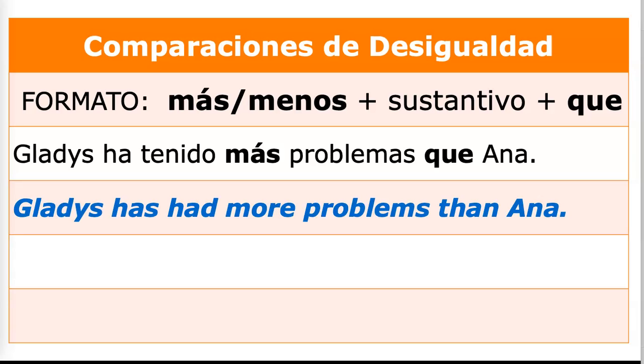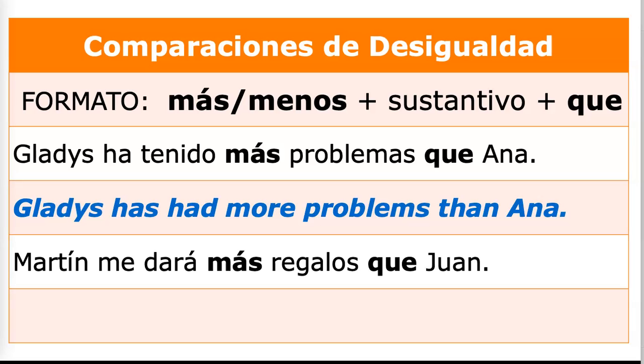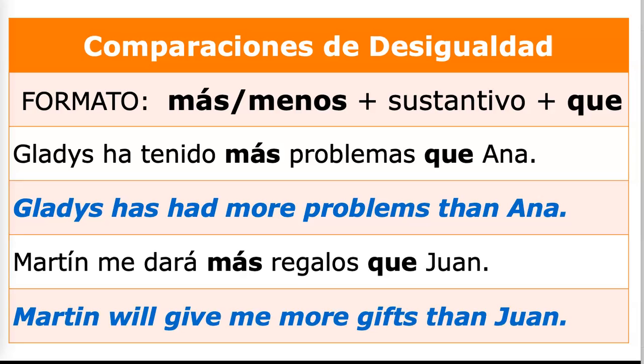Gladys has had more problems than Ana. Martín me dará más regalos que Juan. Martín will give me more gifts than Juan, and here the verb was in the future tense.